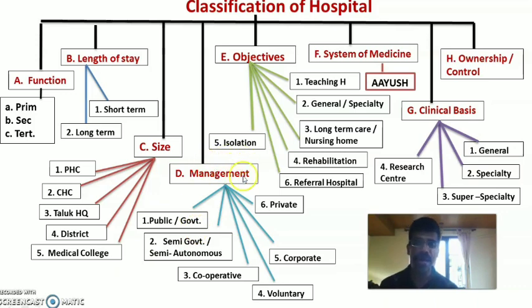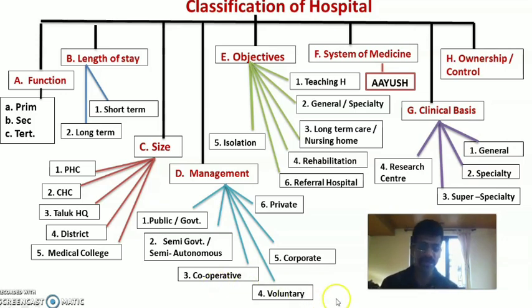Then according to the management, we have public hospital or government hospital. That is managed under government management. Then we also have semi-government, government supported or semi-autonomous organizations providing patient care services as hospitals. Then we have cooperative hospitals. Cooperative hospitals function under the cooperative society system. They are not public, they are not private.